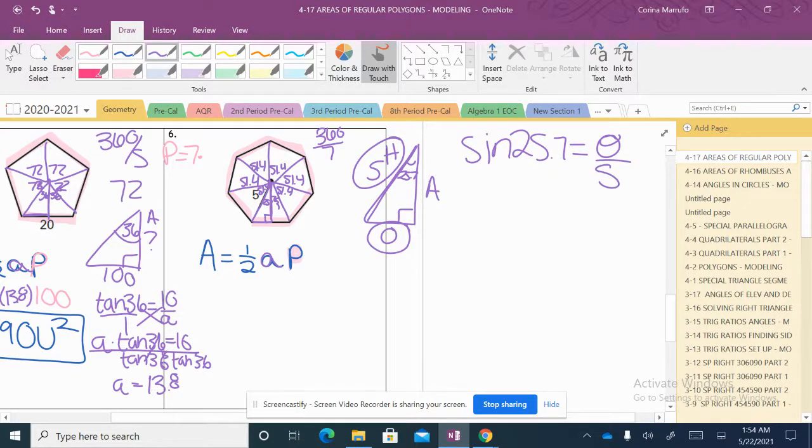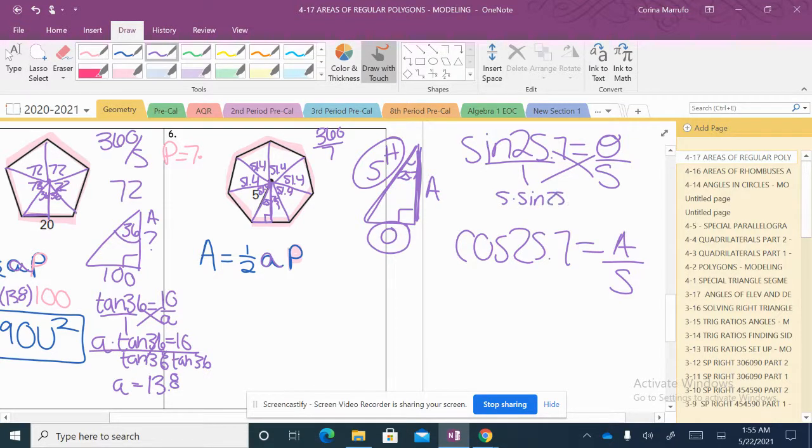If I'm looking for my adjacent side, I'm going to have to use cosine of 25.7 equals my adjacent side. We don't know, we'll call it A, over my hypotenuse, which is 5. Okay. If we put this over 1 and cross multiply, we get 5 times sine of 25.7 equals my opposite. Okay. I wrote out the whole thing OPP because I didn't want you guys to confuse it for a 0.